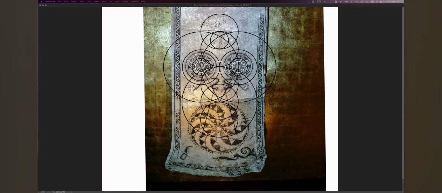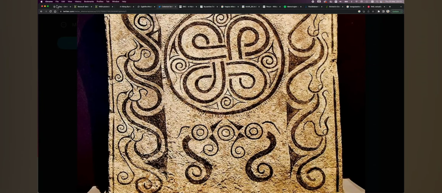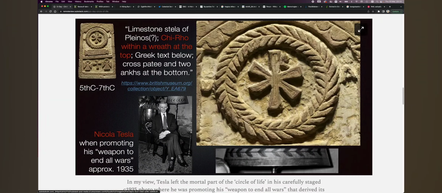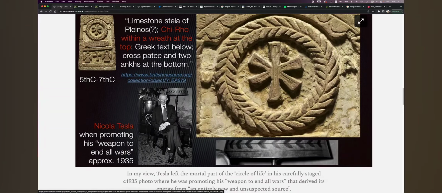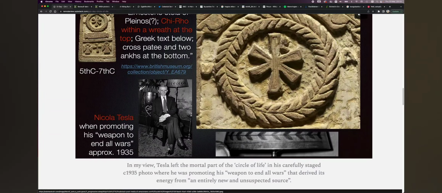I believe we have concluded the analysis of this highly staged photo by Nikola Tesla. And he really knew what he was talking about, or someone knew what they were talking about when they arranged these things.